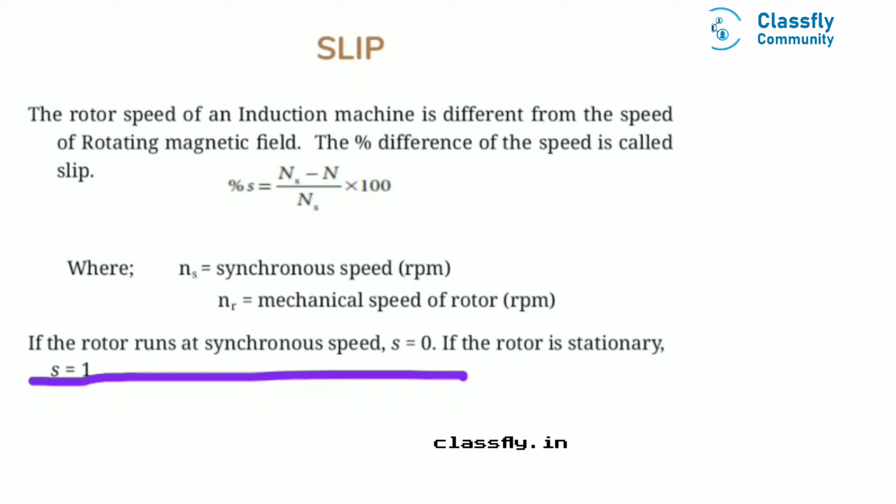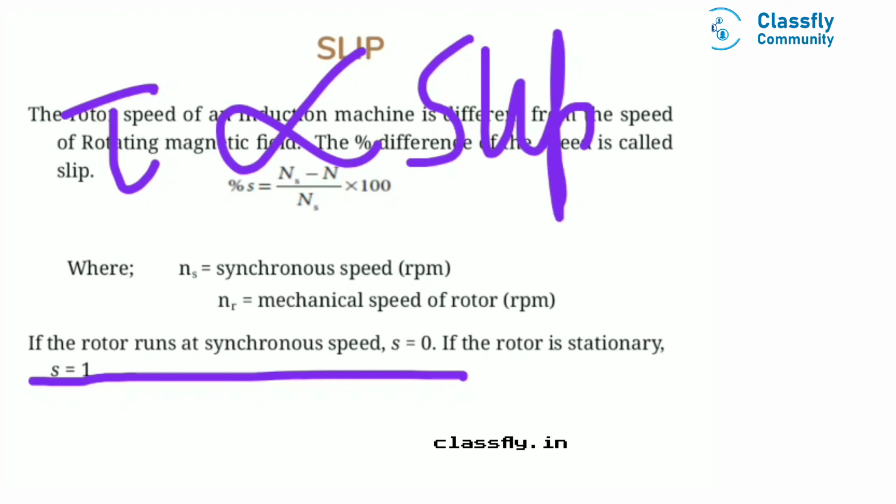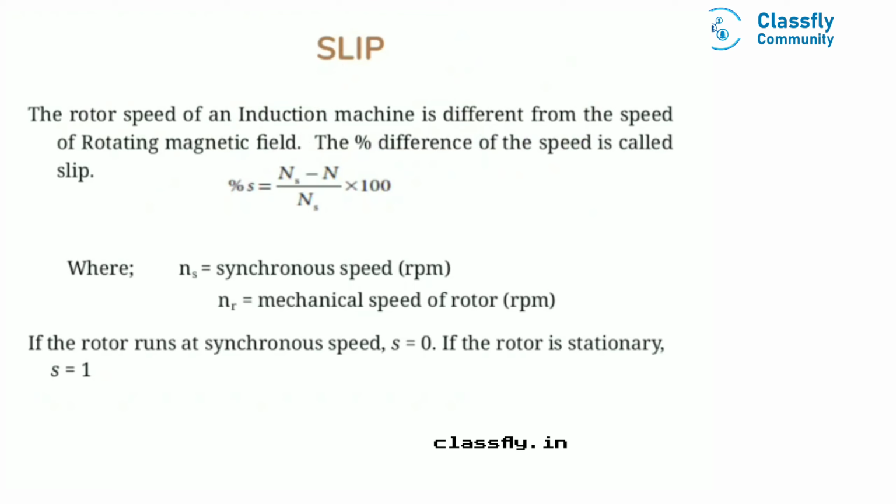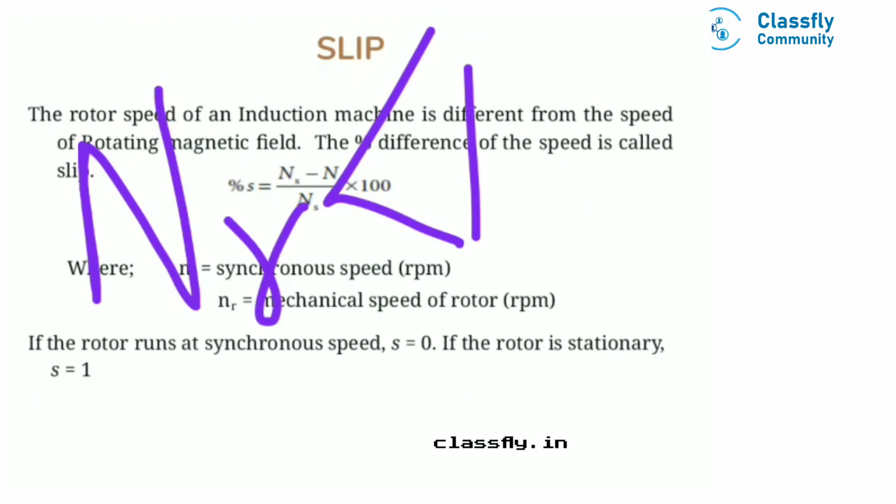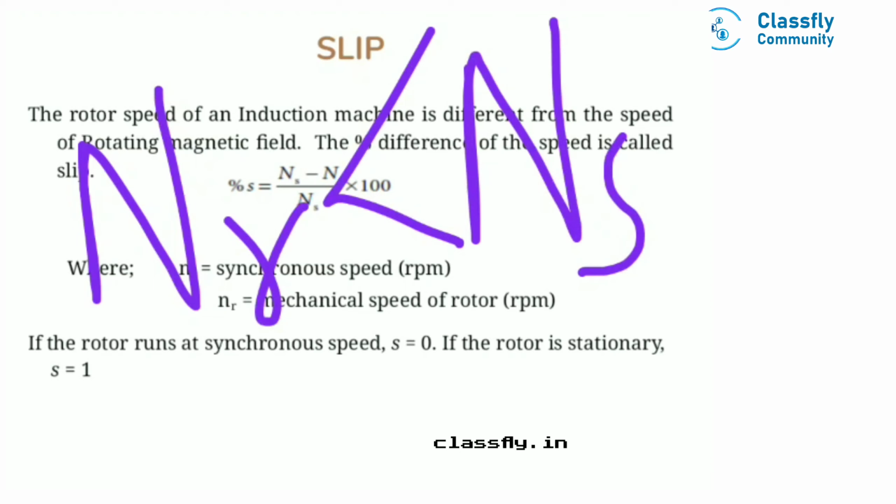don't want that. We don't want the slip to be 0, because we know that our torque is proportional to the slip. So if the slip will be 0, we will not get a torque, right? So we will always have our nr less than ns, and never will it be equal to ns.